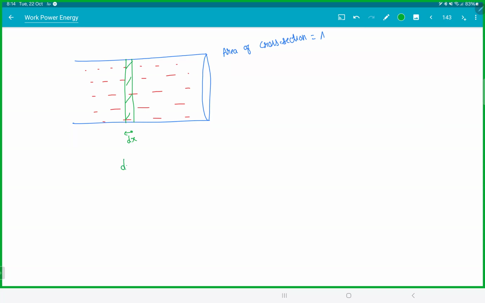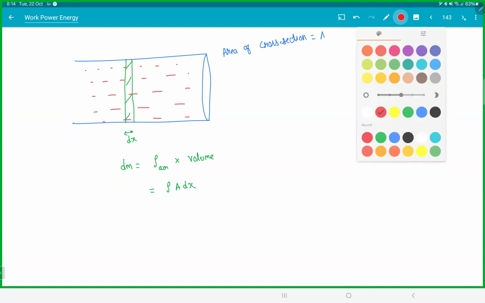So the mass of the wind in this small slice is density of air into volume. How much is the volume? A into dx. So in this small section, what is the kinetic energy?